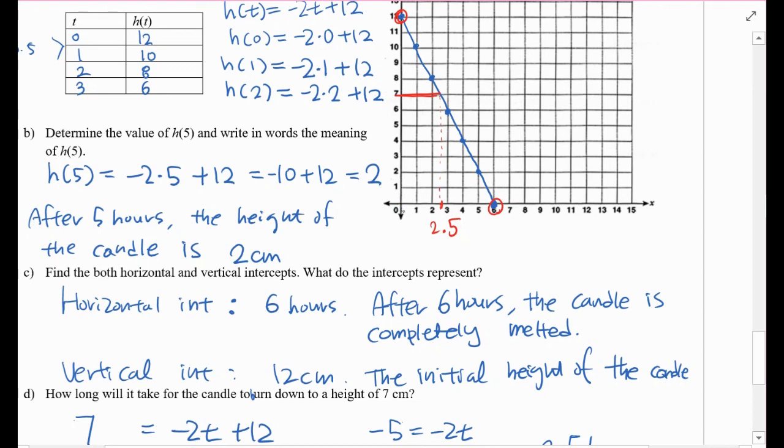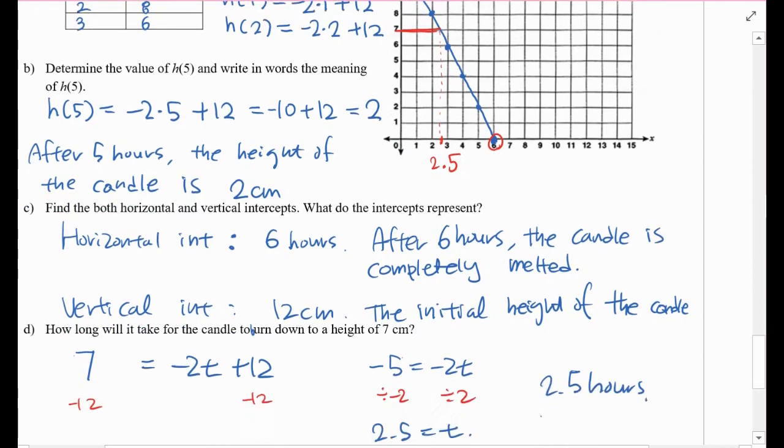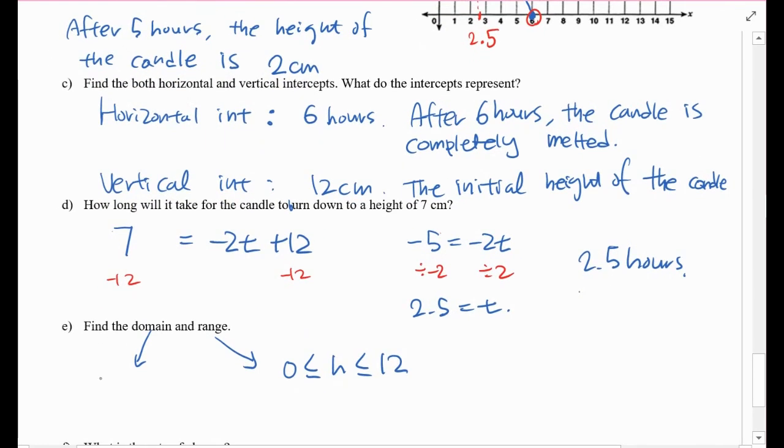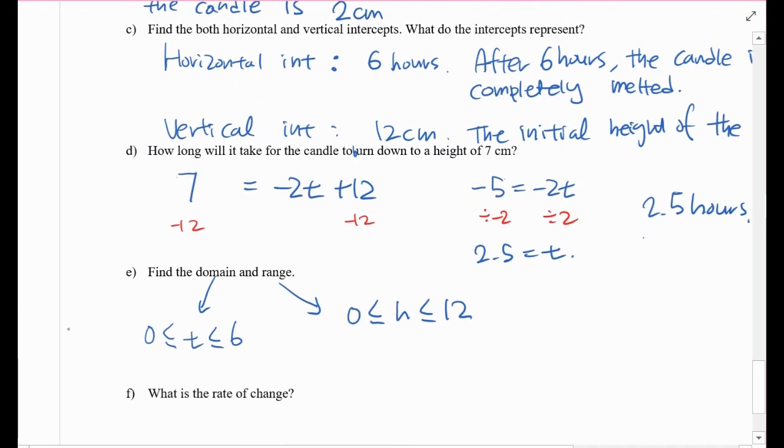It cannot be negative hours, right? 0 hours to 6. So domain is... okay, we're going to use set notation: {t | 0 ≤ t ≤ 6}, {h | 0 ≤ h ≤ 12}.